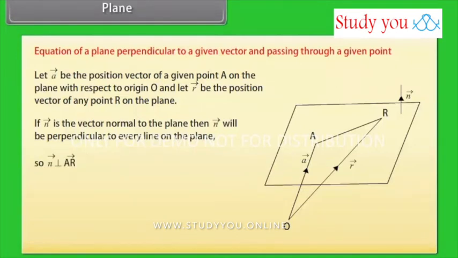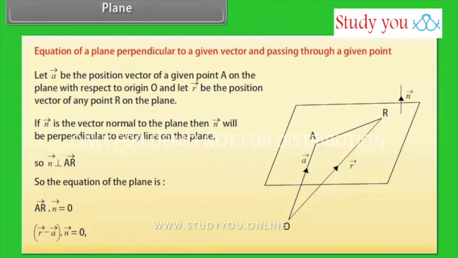So, vector n is perpendicular to vector AR. So the equation of the plane is dot product of vector AR and n equals 0, or dot product of vector r minus vector a and vector n equals 0.